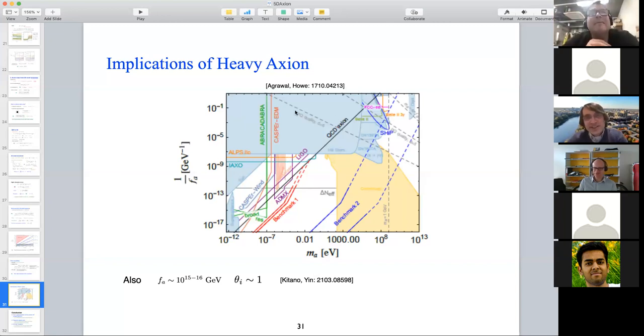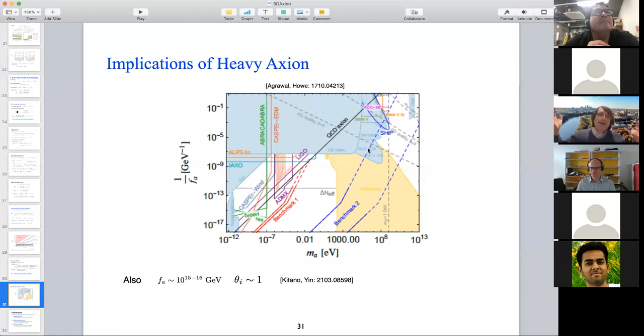Actually, what's interesting on this plot is that they've got the PQ quality lines, which you normally don't see. And you see, if you have dimension 5 terms, the QCD axion needs to be above this line. So if you believe in the PQ quality problem, all this space just wouldn't be consistent with quantum gravity.